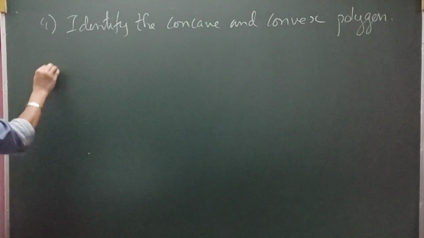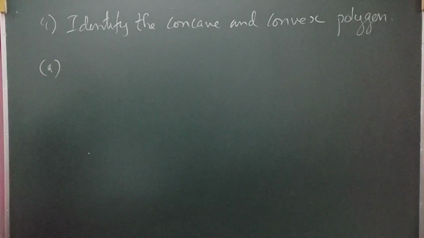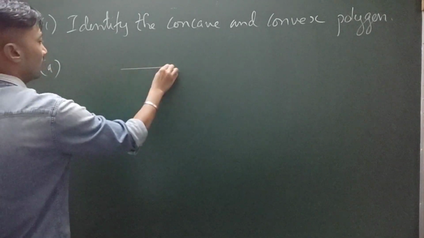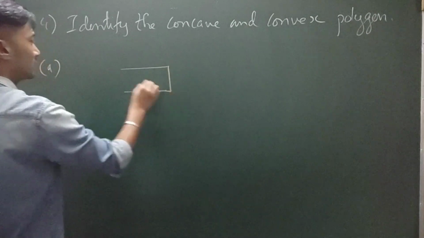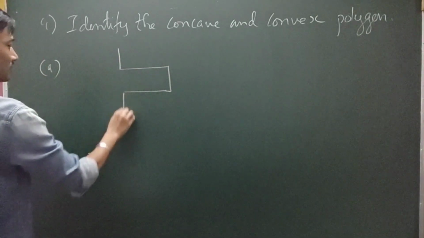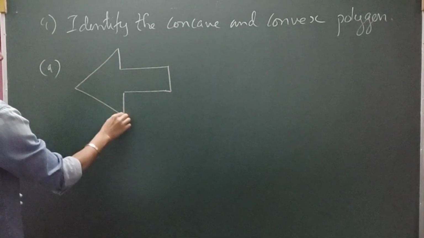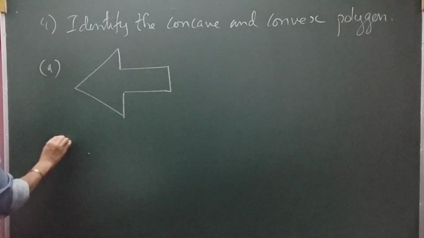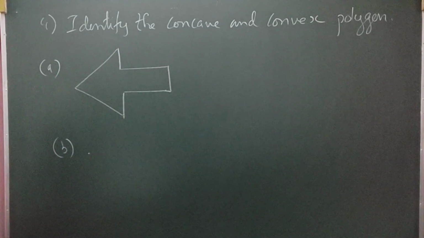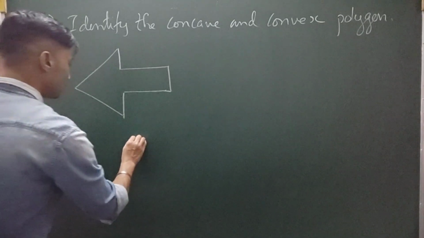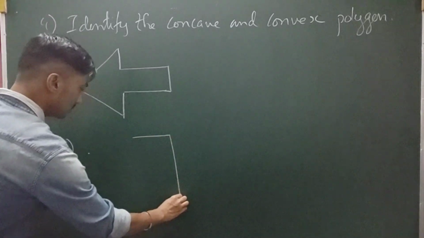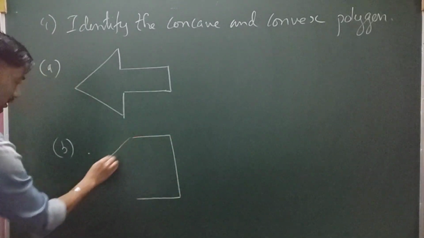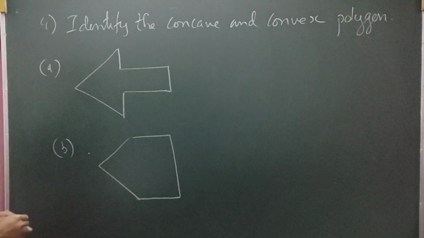Identify the concave polygons. The first one is an arrow mark. So like 1, 2, 3, 4, 5, 6, 7. Second one, that's like 1, 2, 3. Then like 5.